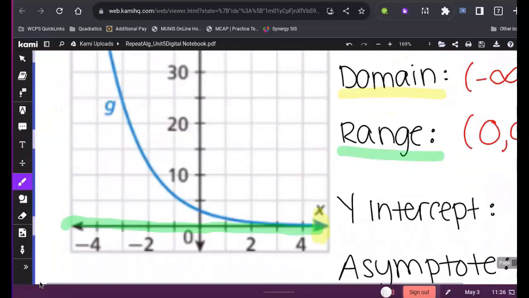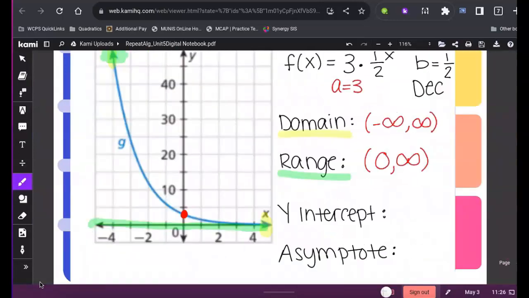All right, so we'll look at the y-intercept. So I said that we would come back to this. So we said that the a value is our y-intercept, which I can confirm looking at that graph that the y-intercept is (0, 3). So you have two ways of identifying your y-intercept, by looking at your a value or by looking at your graph.